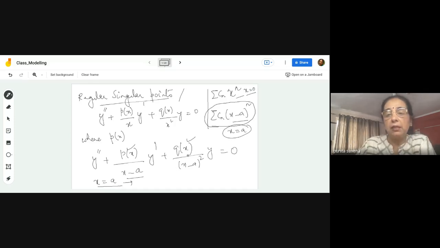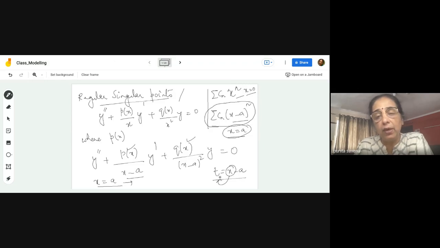Now, simple mathematics tells us that even if we have something at x equal to a, we can always shift the origin. We just have to make a transformation, x minus a, and our original variable x gets changed to a new variable t. And for t, the origin can be taken as 0 because for x, the origin was a.